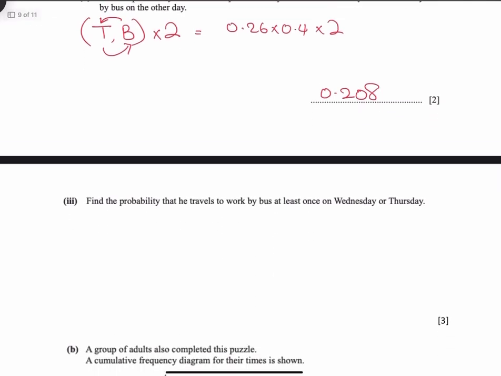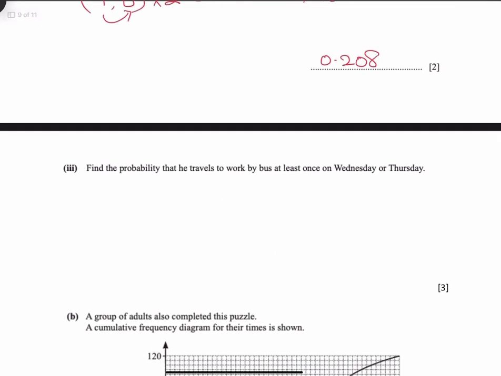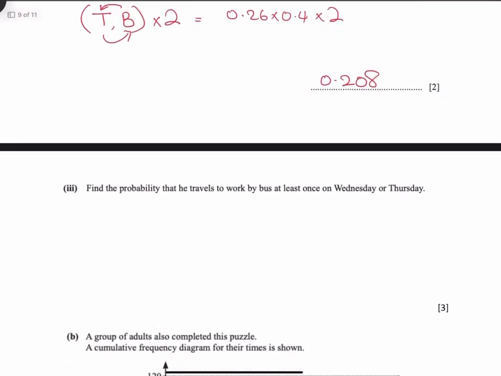Find the probability that he travels to work by bus at least once on a Wednesday or Thursday. So we're going to go to the probability of no bus and no bus.